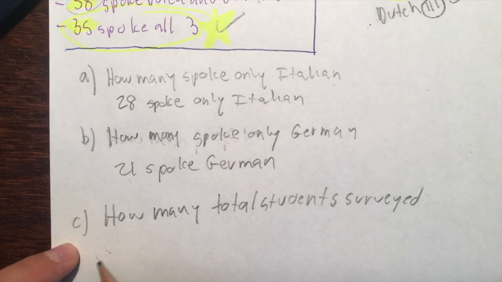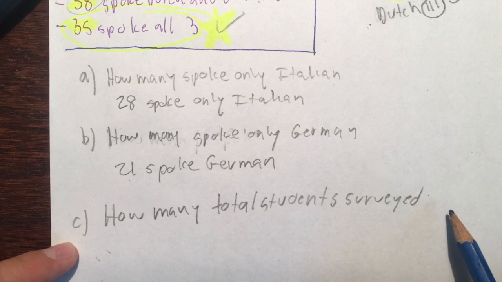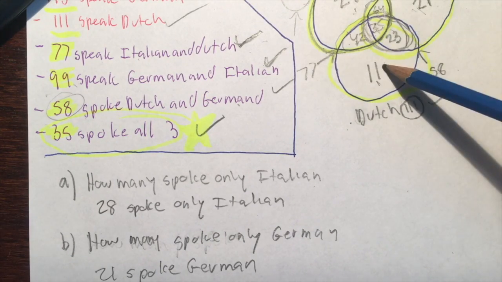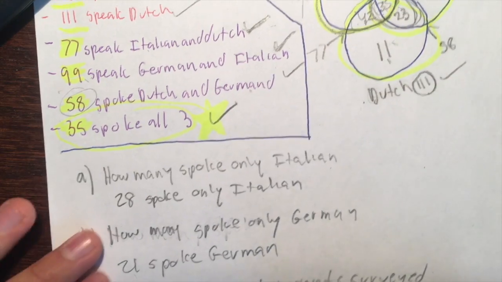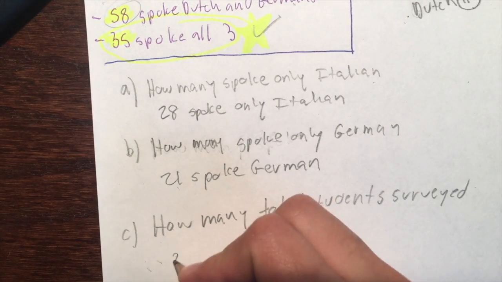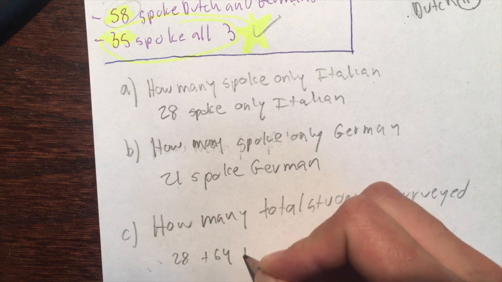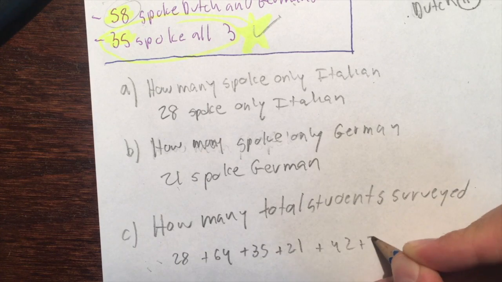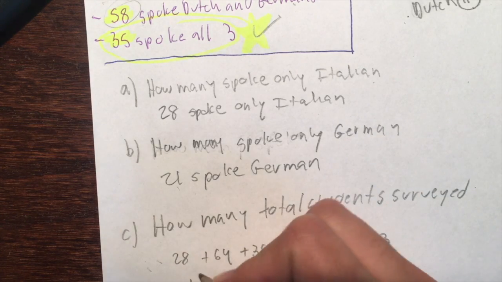Alright, last question. How many total students were surveyed? We're going to have to add up every single number here, and that should get us the answer. So that would be 28 plus 64 plus 35 plus 21 plus 42 plus 23 plus 11.